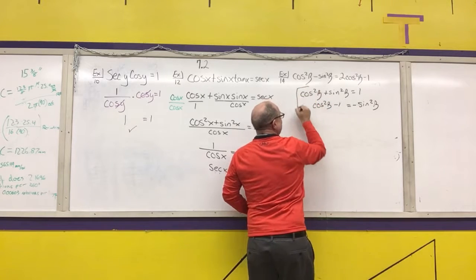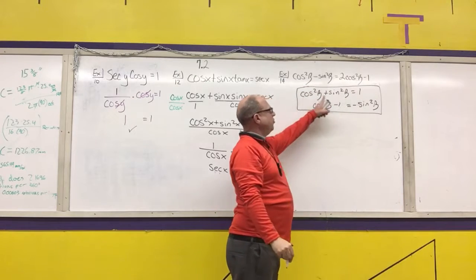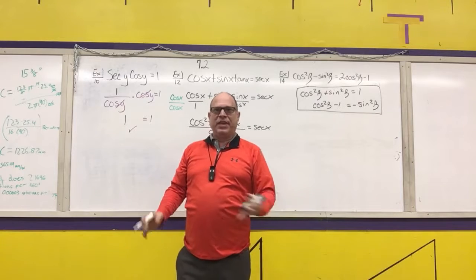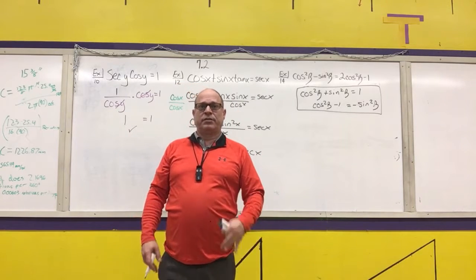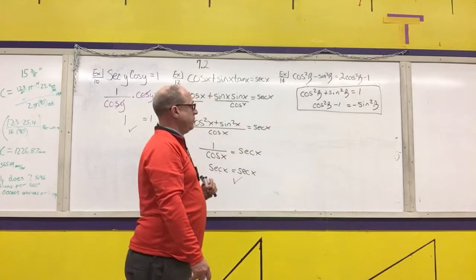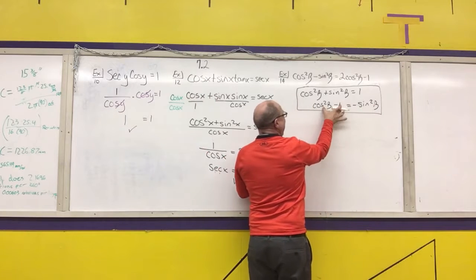This work right here, I do not need to see. You should get used to, if you see sines and cosines that are squared, automatically being able to rearrange those in your head. Secants and tangents squared, rearrange those, and cosecants and cotangents, rearrange those. So where it says negative sine squared beta, I'm going to put this.